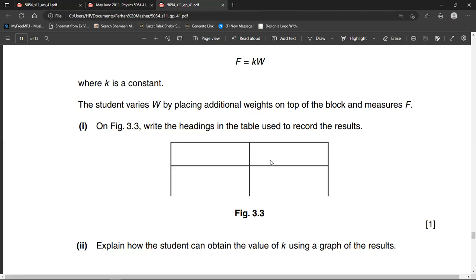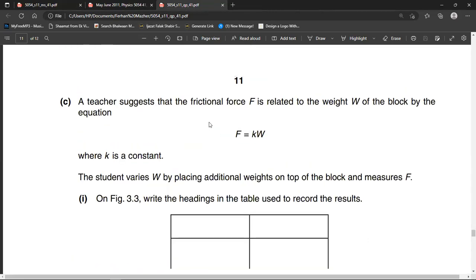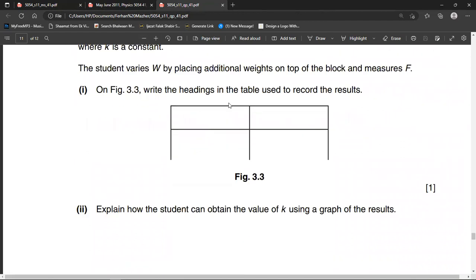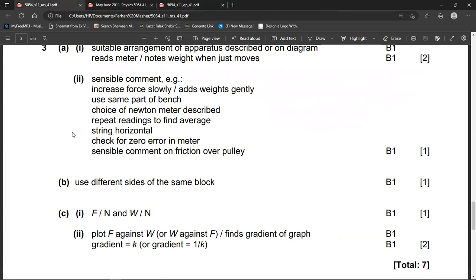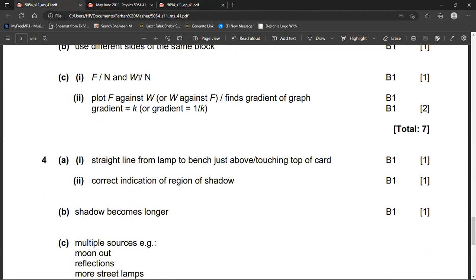So F will come here, and here I will put the weight, W. W will be measured in newtons and F will be also measured in newtons. So weight, newtons, force in newtons. This is the answer.